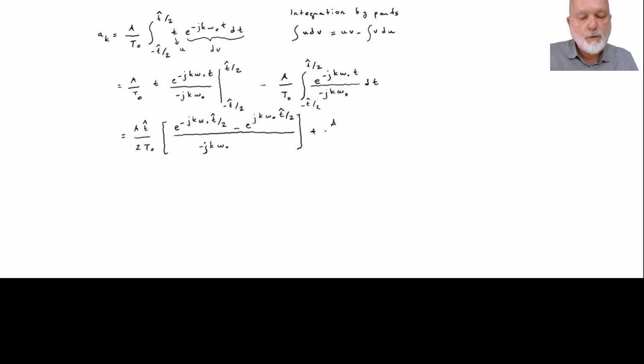So we have a over t0 jk omega 0, and we have e to minus jk omega 0 t divided by minus jk omega 0 evaluated at the integration limits, minus t cap over 2 up to t cap over 2.